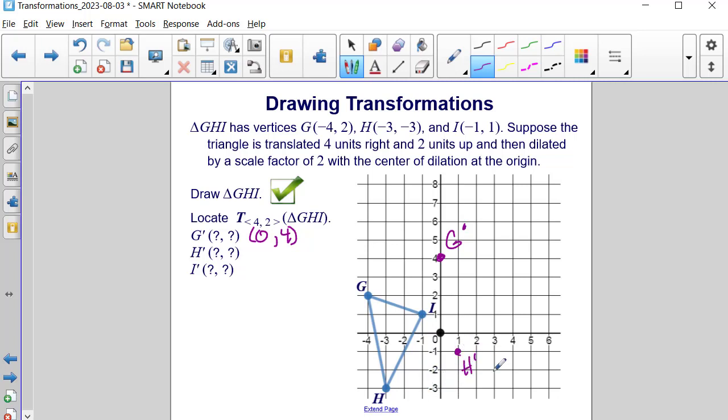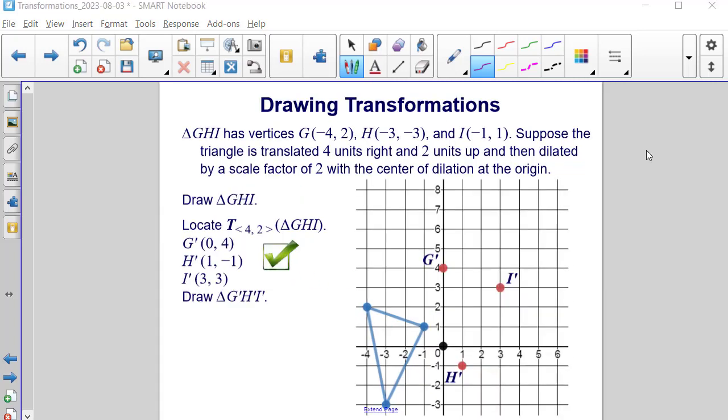So H prime will be right here at (1, -1), and point I will move 1, 2, 3, 4 units to the right and up 2. So we will be at coordinates (3, 3). Now that we have our coordinates graphed, we can connect them to draw triangle G prime, H prime, I prime.